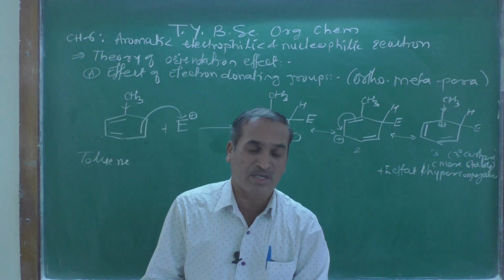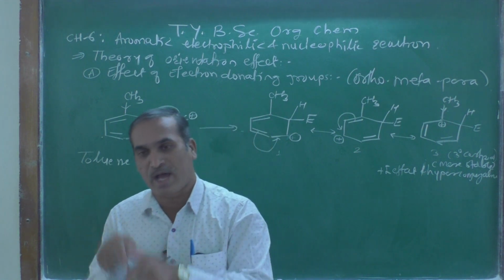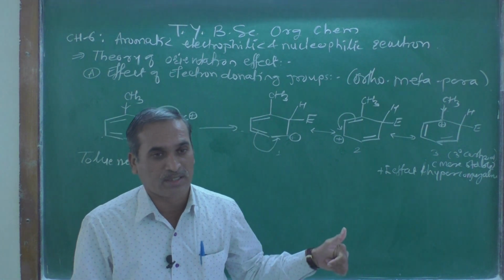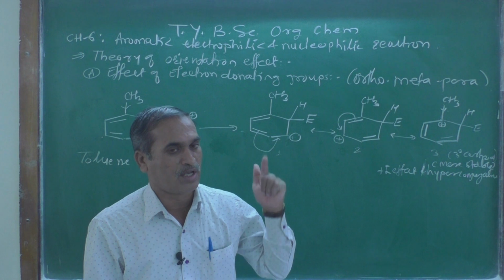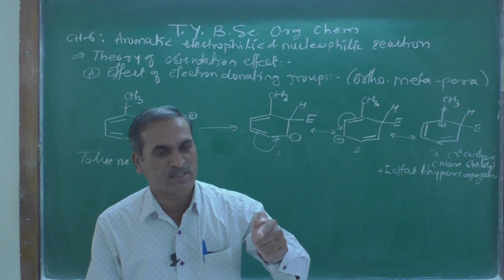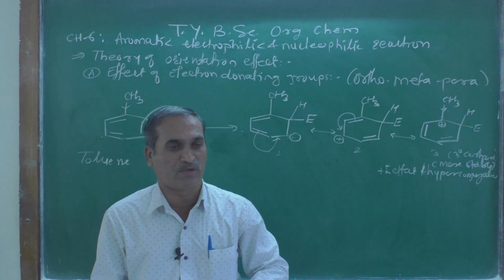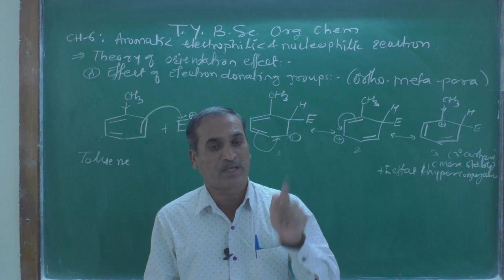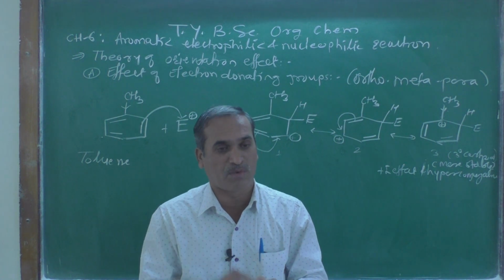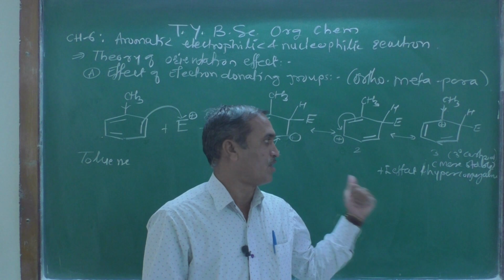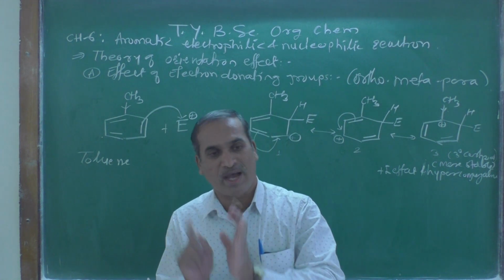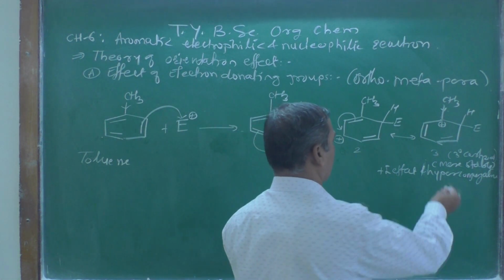But the key difference is that the resonance effect operates via a pi bond, whereas the hyperconjugative effect operates via a sigma bond. That is the difference.